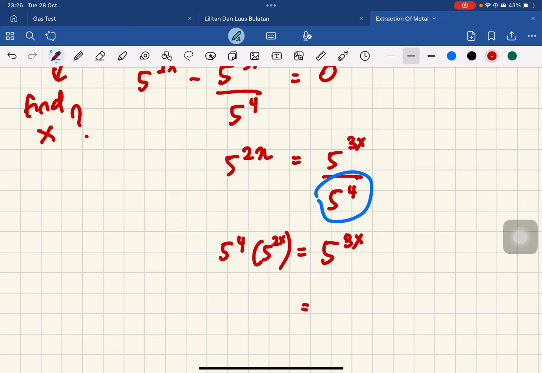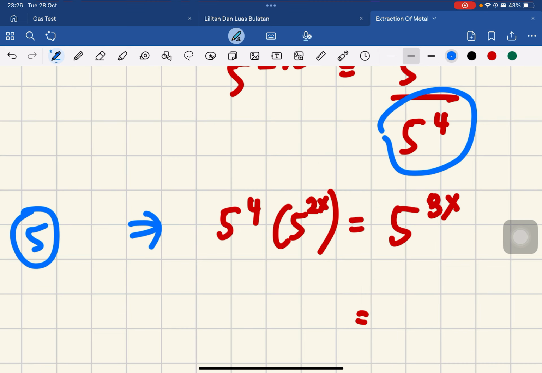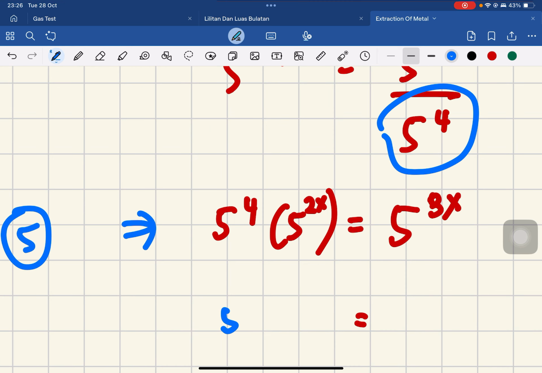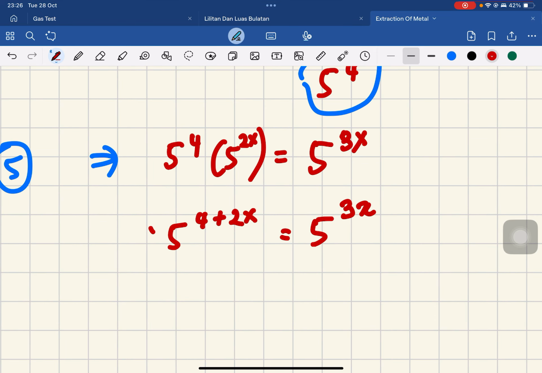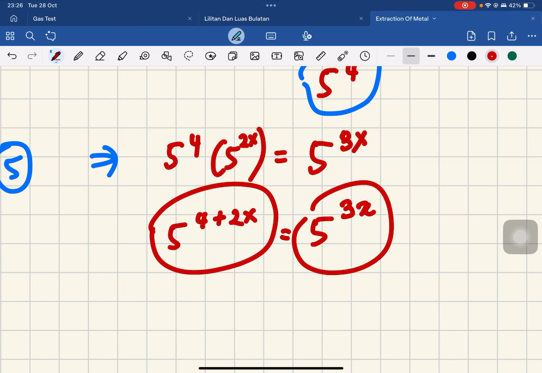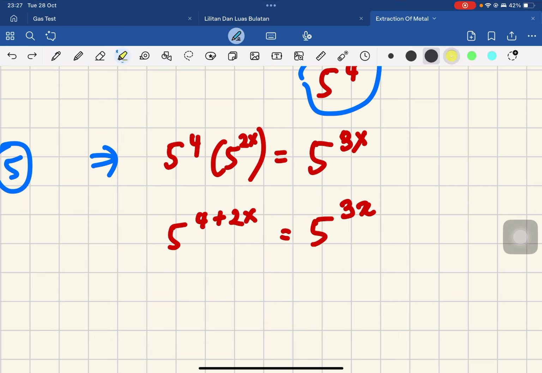From here you can apply rule number 5, where for multiplication we add: 4 plus 2x equals 5 power of 3x. Now we have one term on the left-hand side and one term on the right-hand side, so you can compare the power.